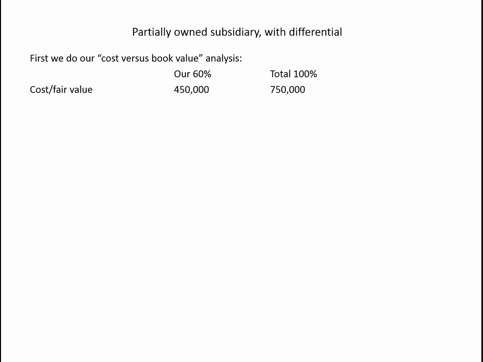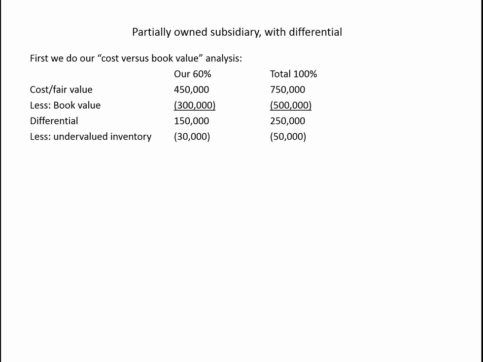And again, we're going to assume, almost always we're going to assume this strict proportionality where if the whole thing is worth $750,000, our 60% costs 60% of $750,000 or $450,000. We then subtract the book value, and again the total book value is $500,000. Our share of that is $300,000. So the total differential is $250,000. Our share, 60% of that, is $150,000.